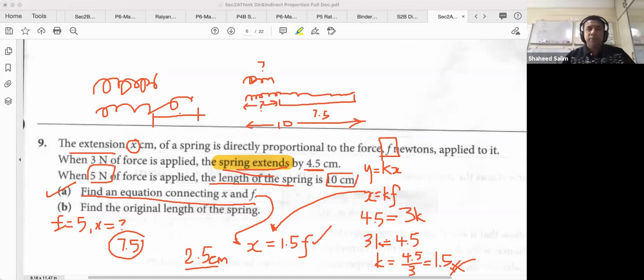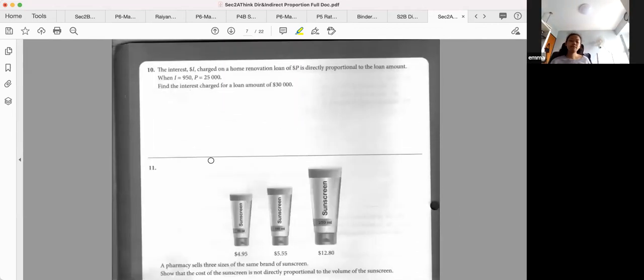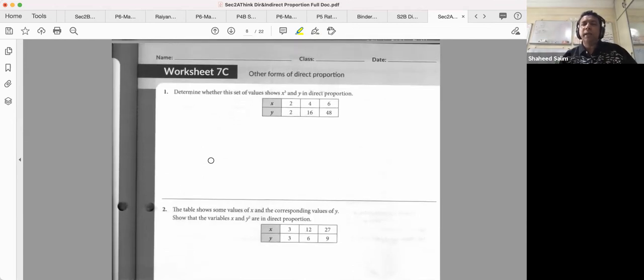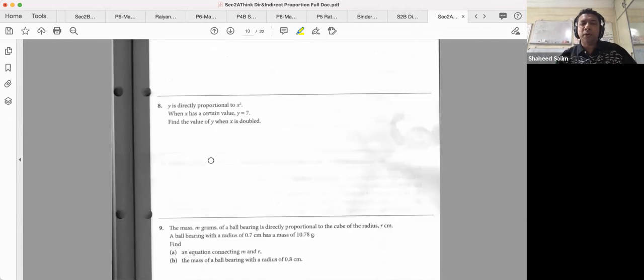Okay. We will move on to inverse proportion. Are you ready? Are you set, Emma? Set? No. Okay. All right, here we go. So inverse proportion, we move on to this one. No, not this one.